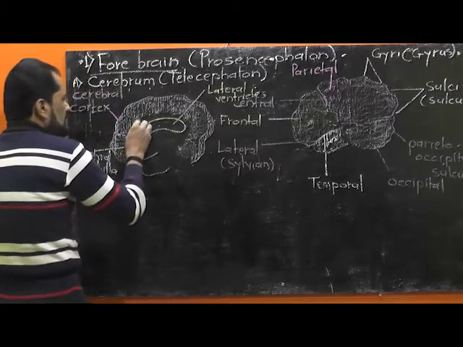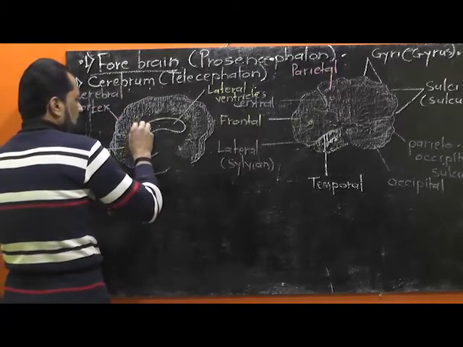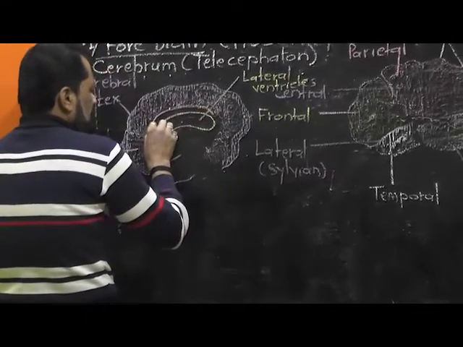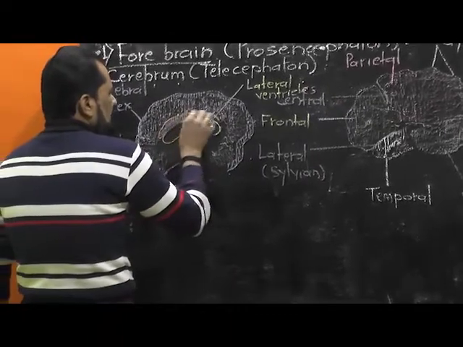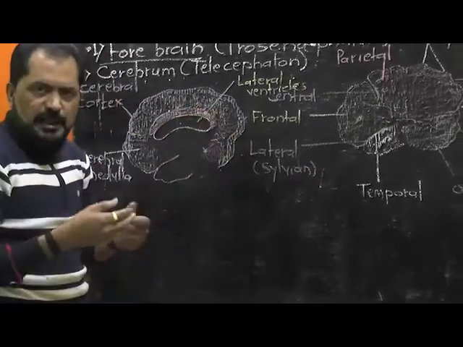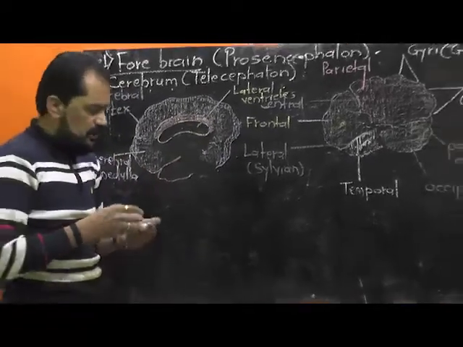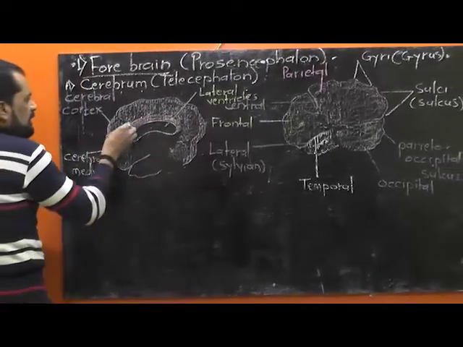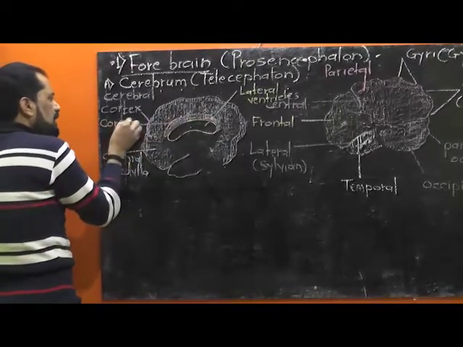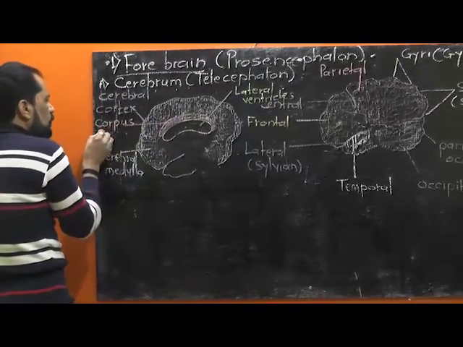Suppose here is that corpus callosum. The corpus callosum is made up of simply a thick band of nerves which connect both cerebral hemispheres with each other, and the anterior part of this corpus callosum is again known as the genu.